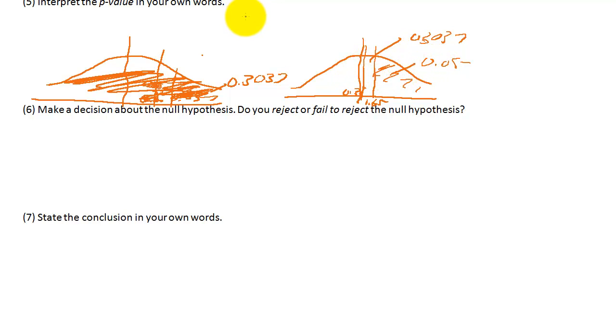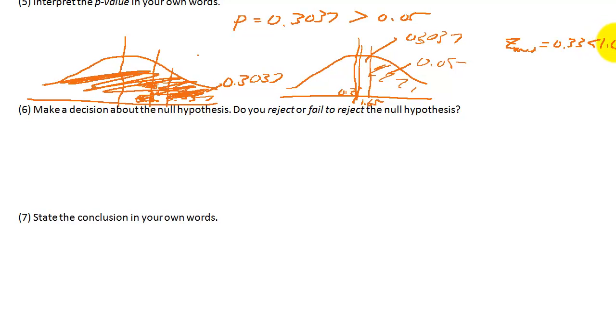In other words, the p-value of 0.3037 is larger than the alpha level of 0.05, or z equals 0.33 is smaller than the z-score for the alpha level, 1.65.